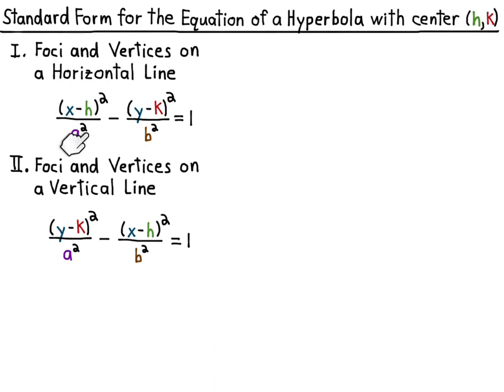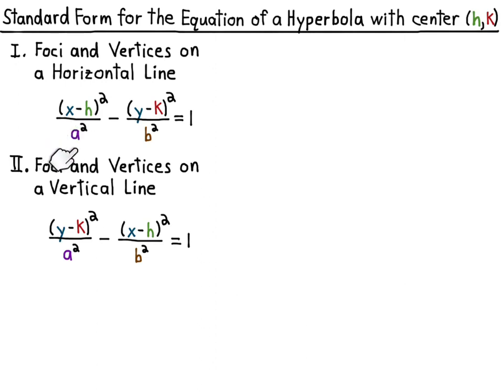Notice that the a, which gives you the distance from the center to the vertices, is always in the first term. Other books will do this differently. They'll have the a always with the x's, like we do with ellipses. But for the hyperbolas, we are going to use a squared.